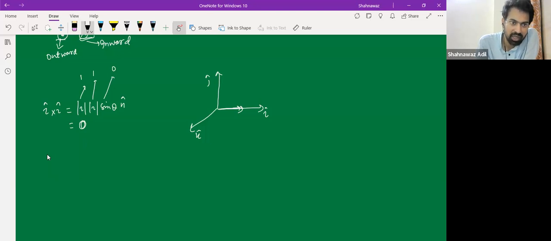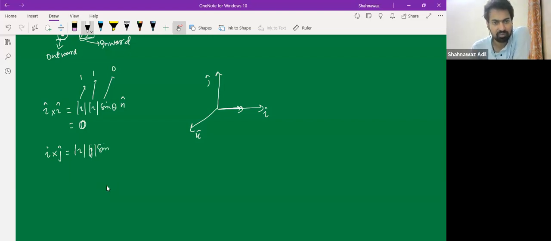So I cross I is 0. Let us calculate what I cross J would be. So I, J, sine of what angle? I and J. So 90. Right, and n hat we need to calculate. The I magnitude is 1, the J magnitude is 1, and sine 90 is 1.